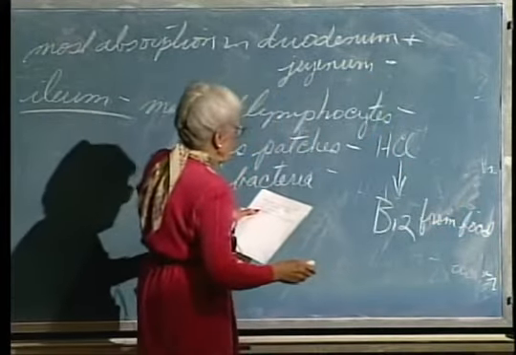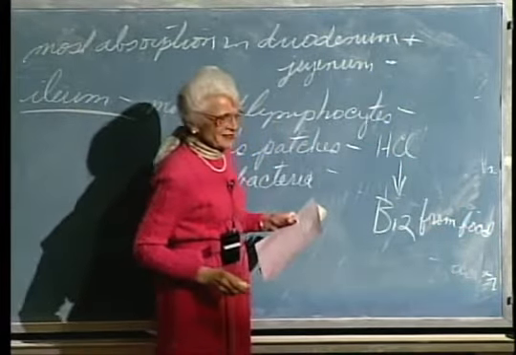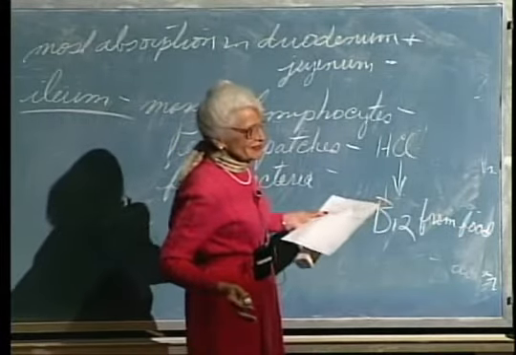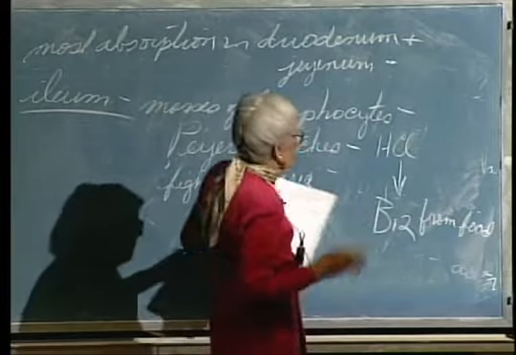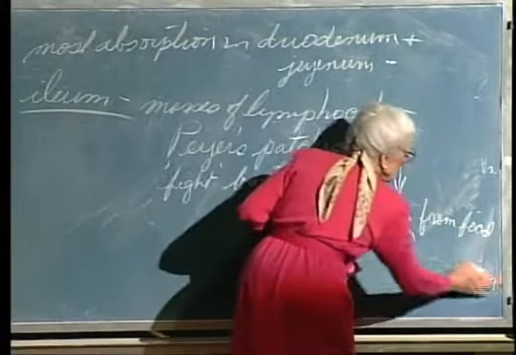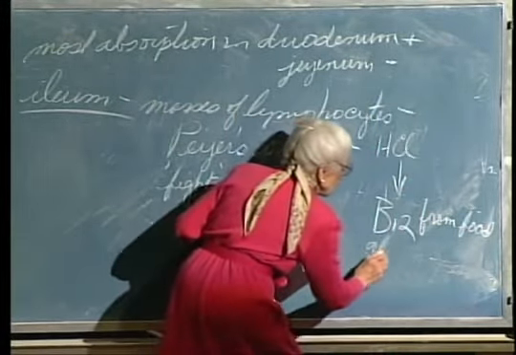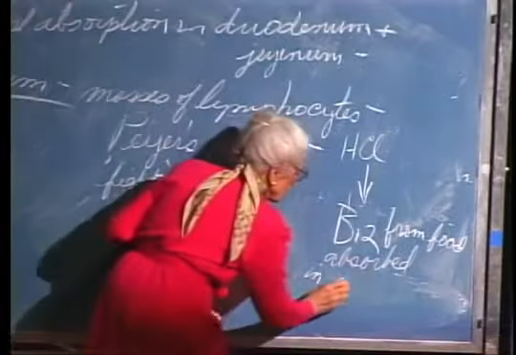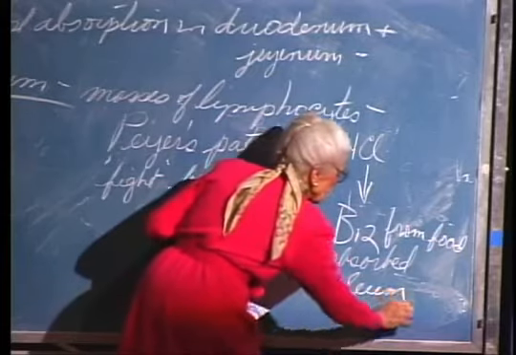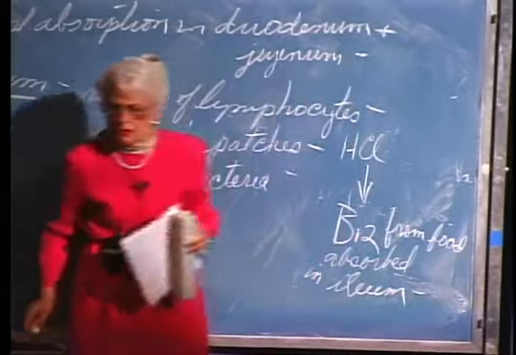And it's absorbed in the ileum. Just to show we don't really know everything there is to know about the GI tract, even though there's a lot that's conventional. So we'll put absorbed in ileum. I mean, we can look up new facts all the time, but you won't get your basics.